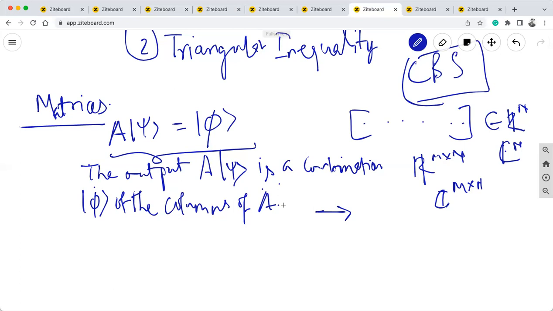We'll typically be looking at solving linear equations of this type, A ket x equals ket phi, or simply Ax equals b. So this is one vector, b is your ket phi vector, and x is your ket psi vector.